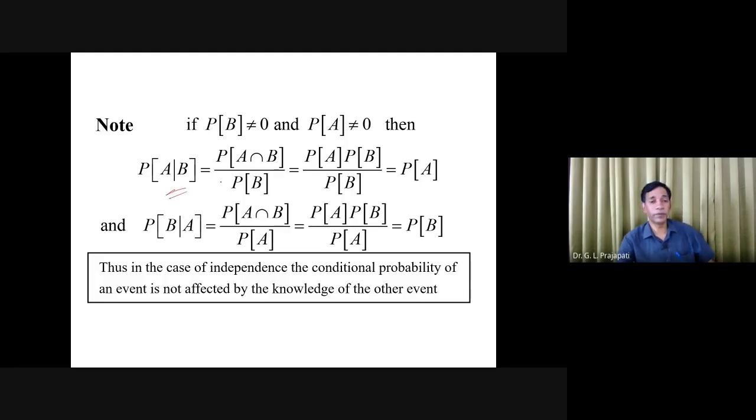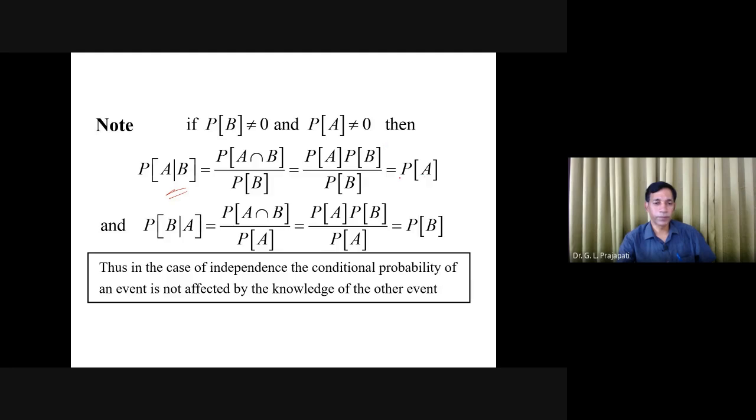Okay, if probability of B is not zero, then probability of A given B, you know by the conditional probability, is A intersection B divided by B, and this is equal to probability of A into probability of B. Why is it so? Because in case of independent events, probability of A and B is probability of A and probability of B. So P(B) and P(B) cancel.